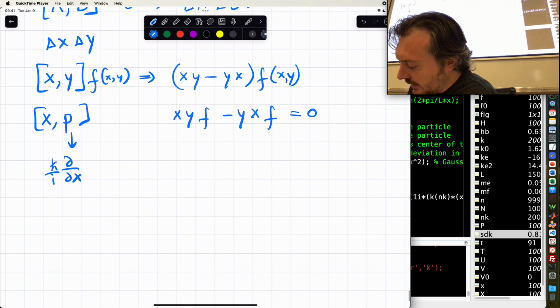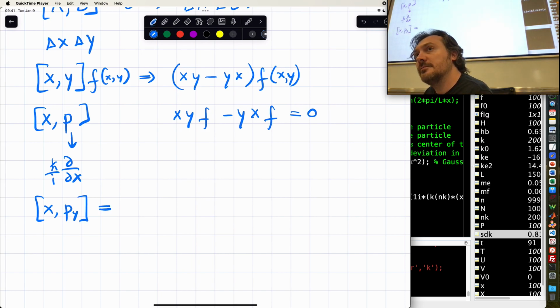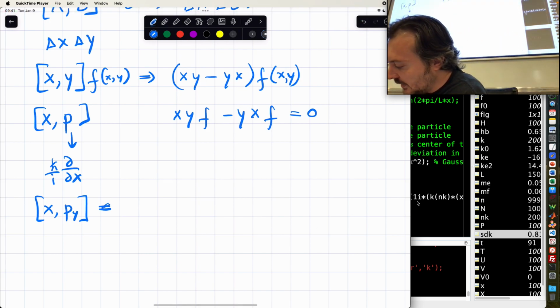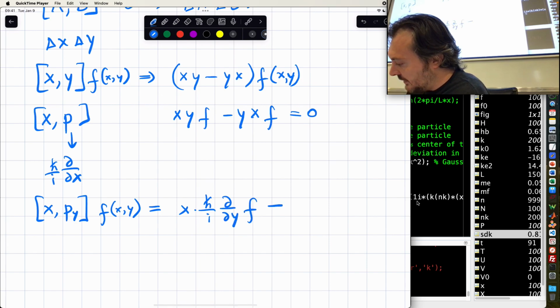Then let's do the following: [x, py]. What do you expect for this one? 0 again. Why? Let's do it all the way. So there's some test function here, and our operator is x times h bar over i del over del y f minus del over del y h bar over i times x f.